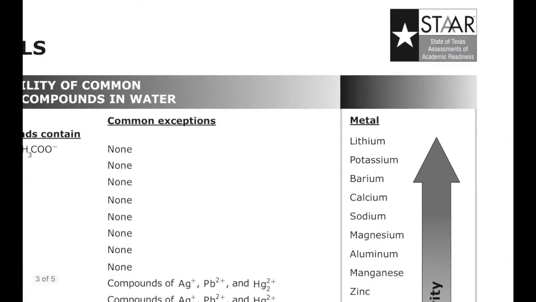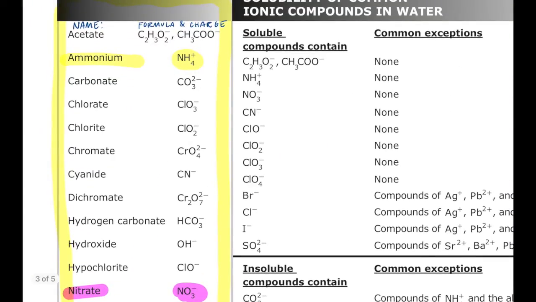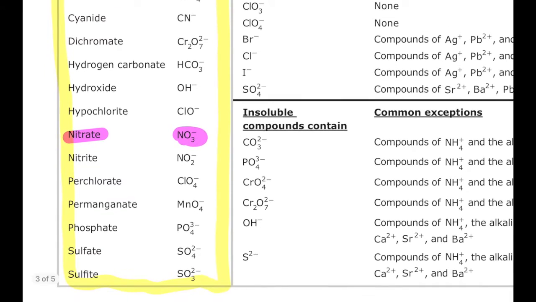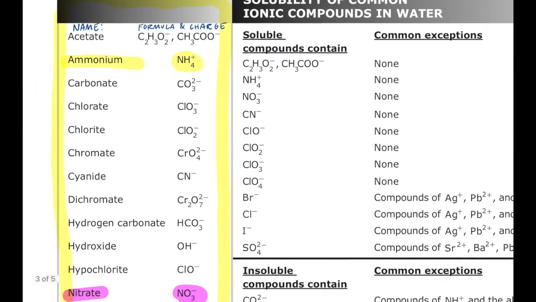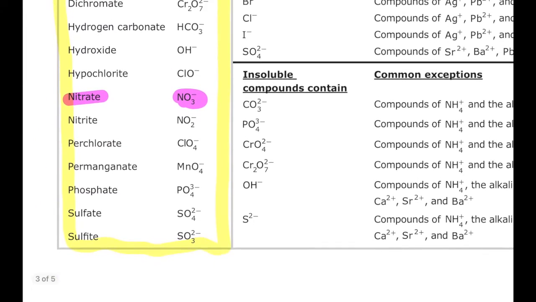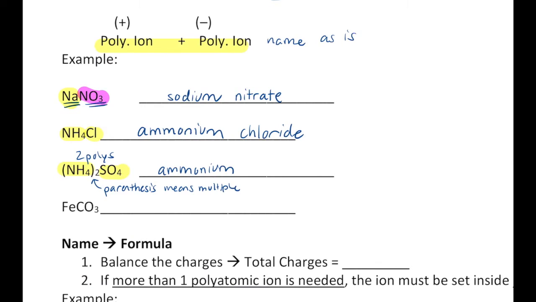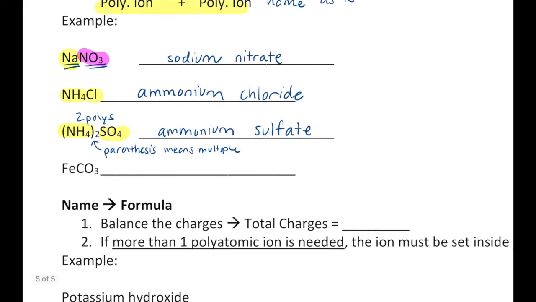Next, let's see, what was the second thing we were looking for? We were looking for sulfate. Sulfate is SO4 2 minus. So we just say ammonium sulfate, and that's the name here.